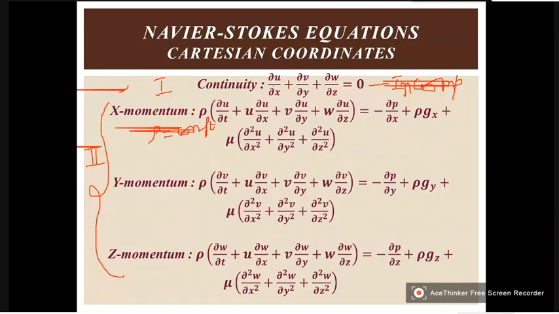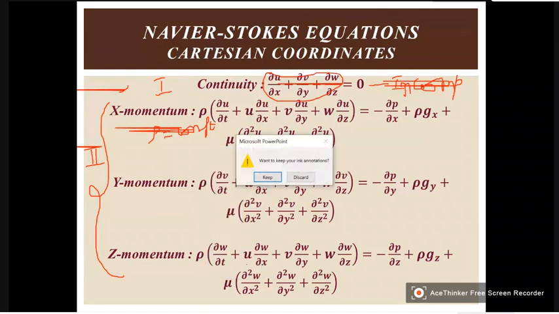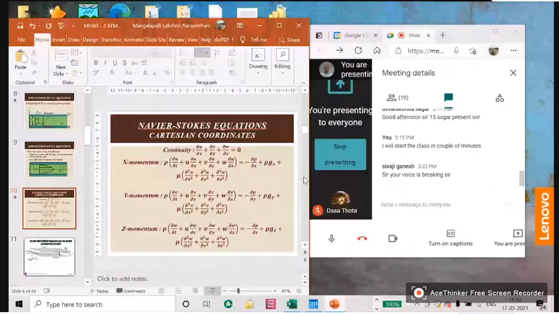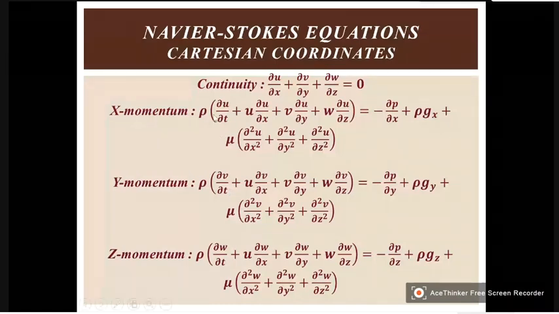So then only our original continuity equation can be simplified to this form. So this is the local acceleration term.